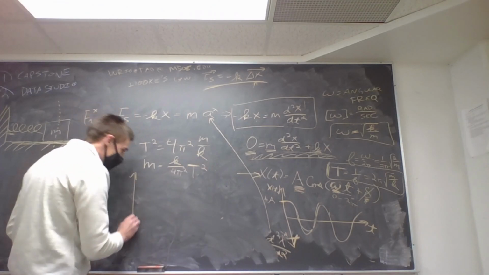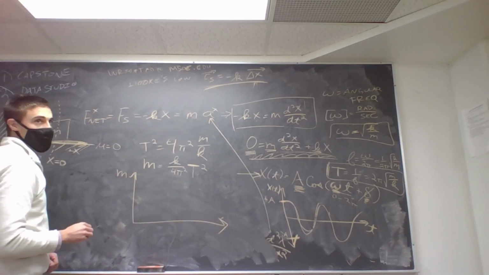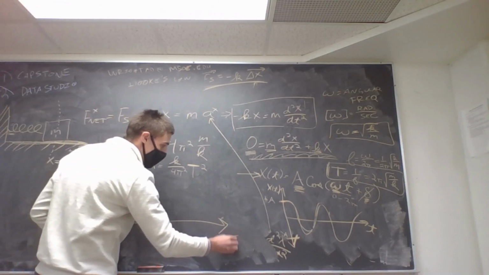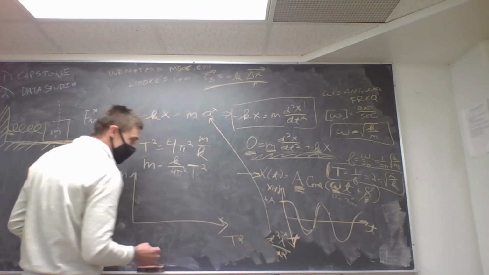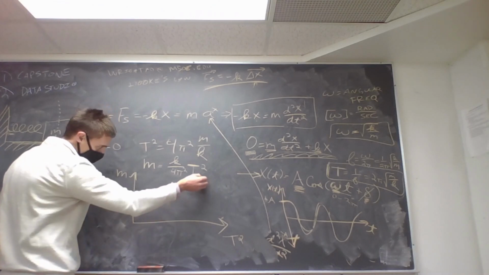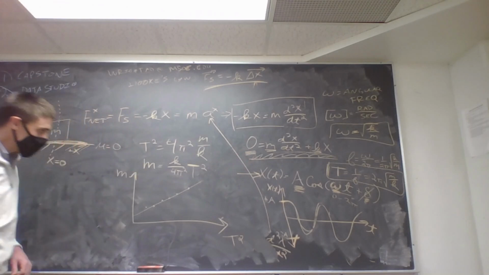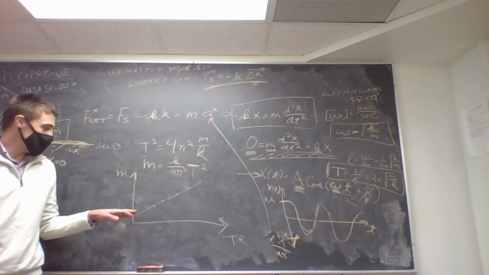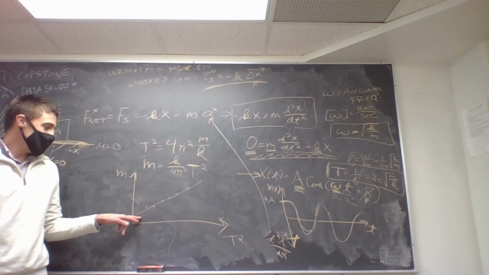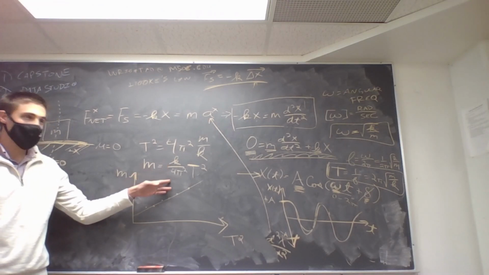Okay? Well, if I plot it this way, where I have mass on the y-axis and T squared, not T, but T squared on the x-axis, I can do this oscillation at 6 different masses. I will get a line. I can fit a line to the data. The slope of that line will be k over 4 pi squared.